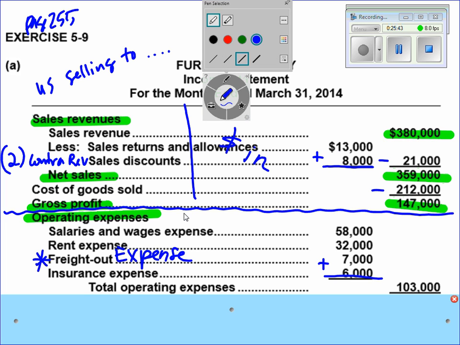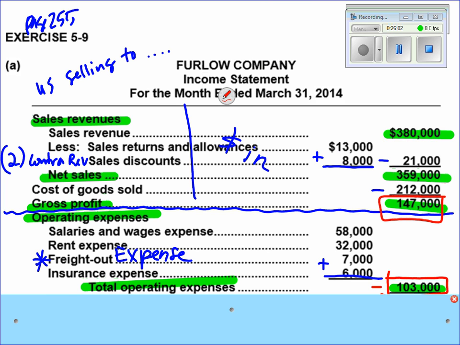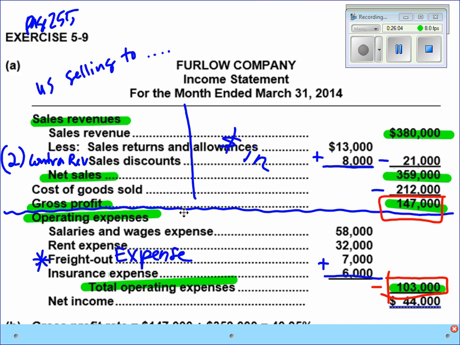Probably worth another highlight. And at this point, we're taking a look at gross profit minus total operating expenses to be that $44,000 net income.